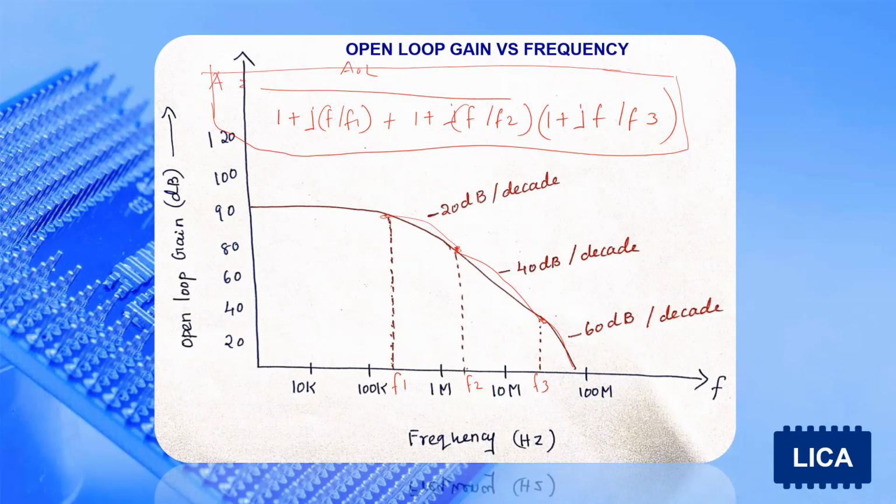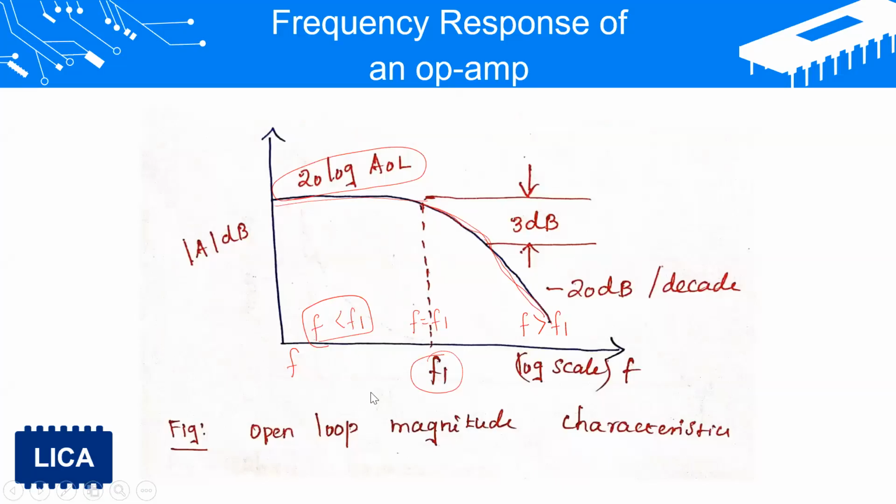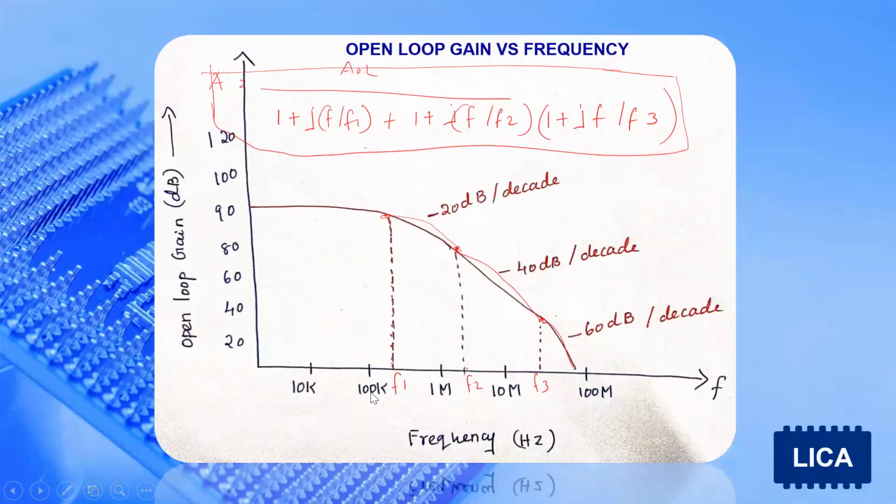For an ideal case, there will be only a single capacitance element, for which we can discuss the magnitude response as well as phase response. And for a practical case, there may be more than one capacitive element. Suppose three capacitances means three corner frequencies, so we have the frequency response like that.